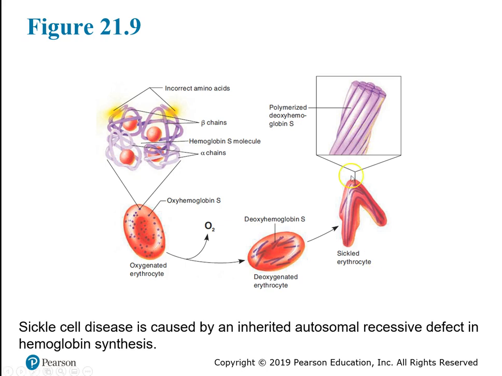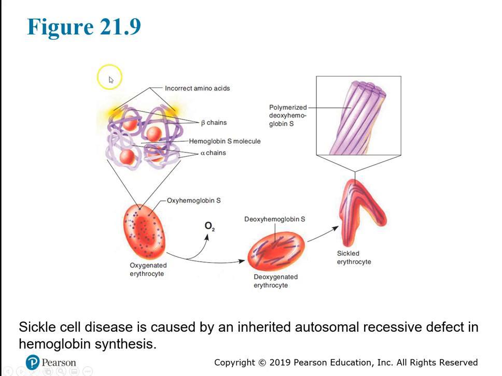If you look at this here, just hitting home the point of what's happening, this is talking about hemoglobin synthesis. It is a defect in the gene that produces hemoglobin, that protein.